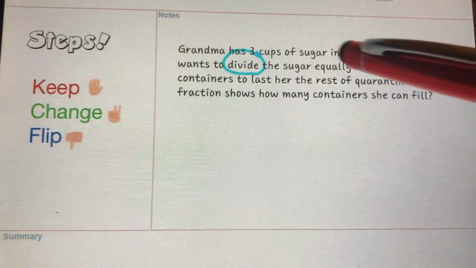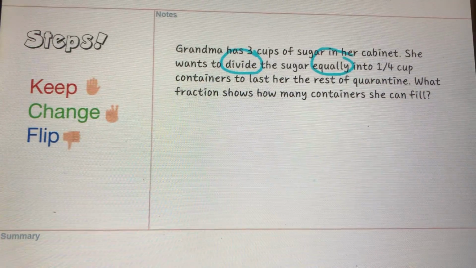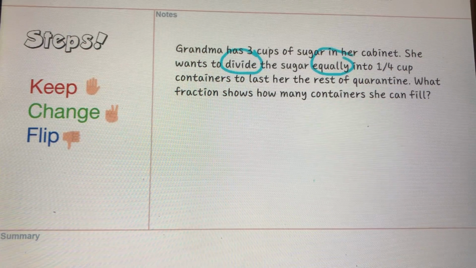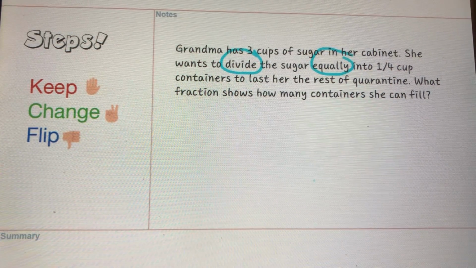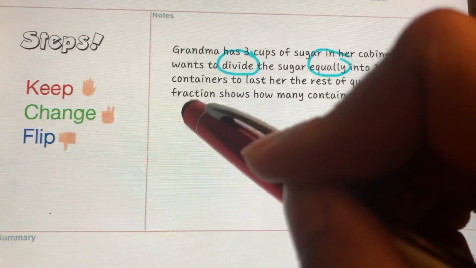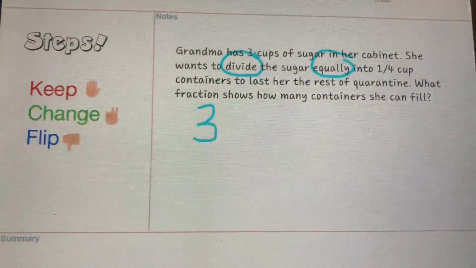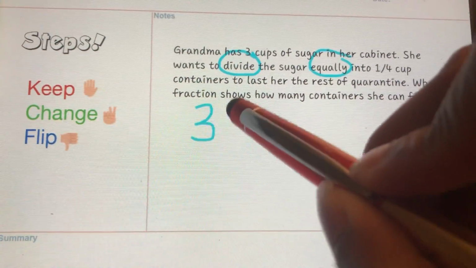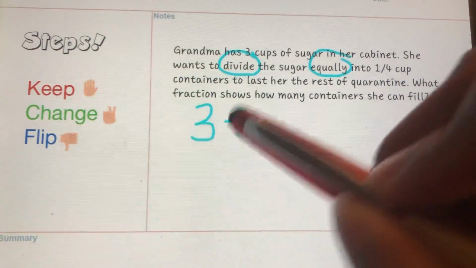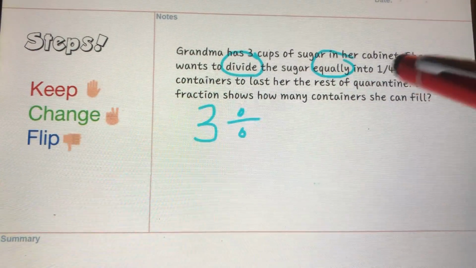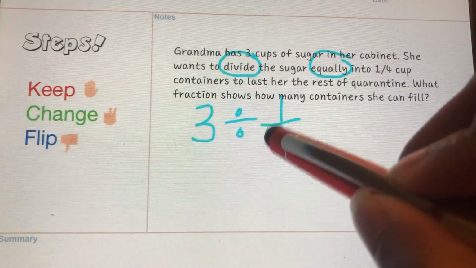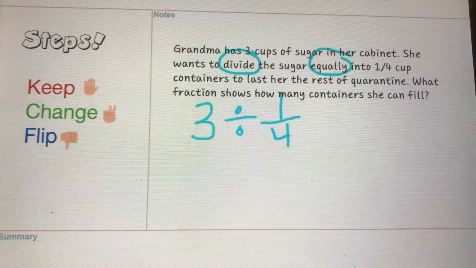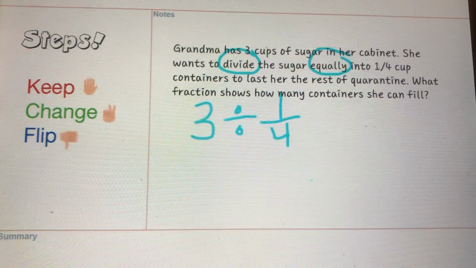And we have another one, look, equally. So we know we need to divide in this problem. We have 3 cups, and we have divide equally, so we know we're going to divide, and we have 1/4. So here's our problem.